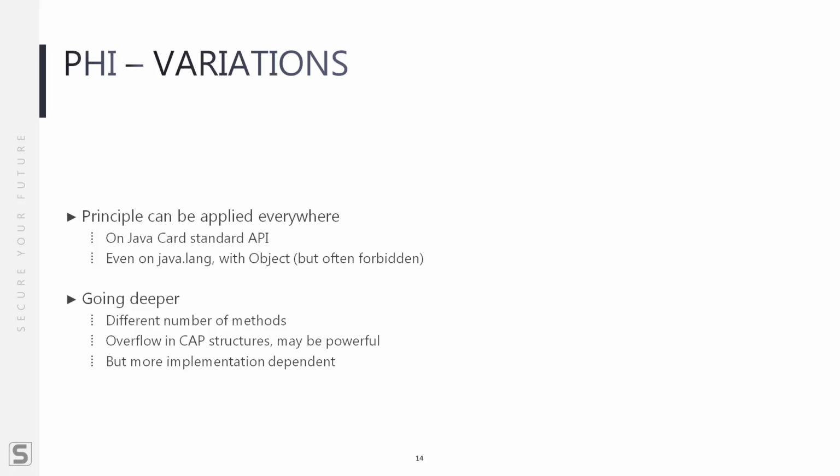Moreover, we can go deeper. Indeed, our two phi classes have the same number of methods, but we could design two classes with a different number of methods, and this could lead to call a method that actually does not exist. This would lead to perform an overflow in the class method table, allowing the attacker to execute arbitrary code.